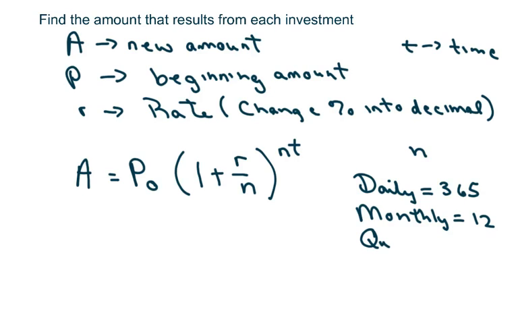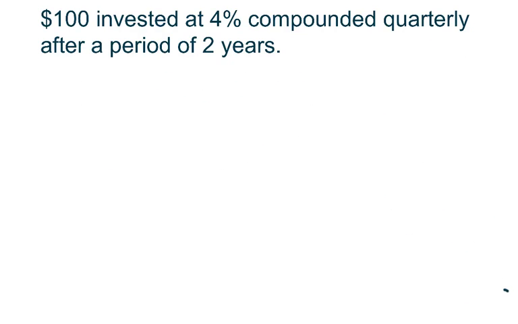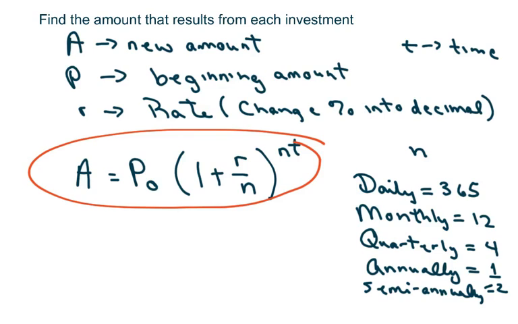Quarterly, your N is 4, because there's 4 quarters in a year. Annually would be once a year, and semi-annually equals twice a year. Equals 2.